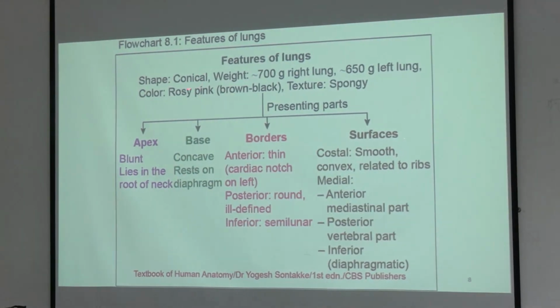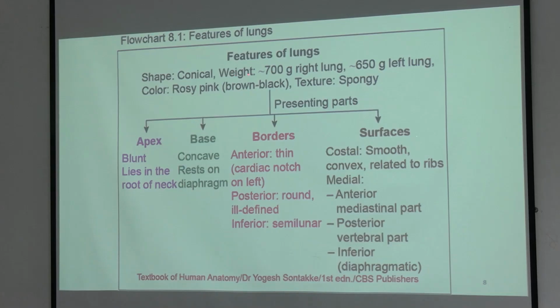Now, see, features of the lungs: shape conical, weight 700 grams in the right lung, 650 grams in the left lung, rosy pink, brown to black, texture spongy. Presenting parts: apex blunt, lies on the root of the neck; base concave, rests on the diaphragm.